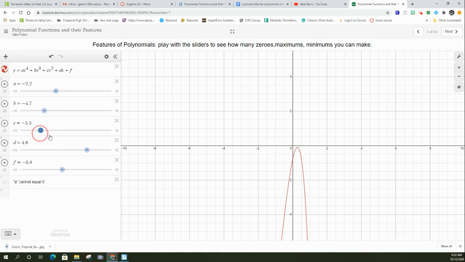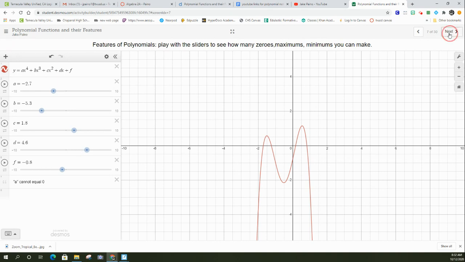There's 3 turns, but can I make it have 2 turns? 2 turns will not work, because again, if I had 2 turns, my end behaviors would be going opposite. I have to have an odd number of turns. Okay, 1, 2, 3, odd number of turns and keep my end behaviors the same.